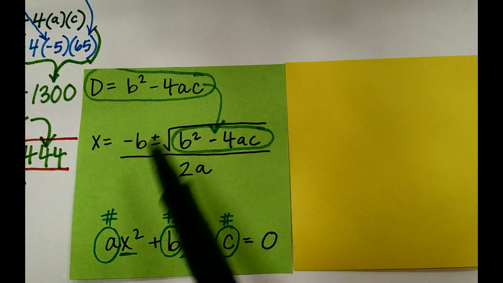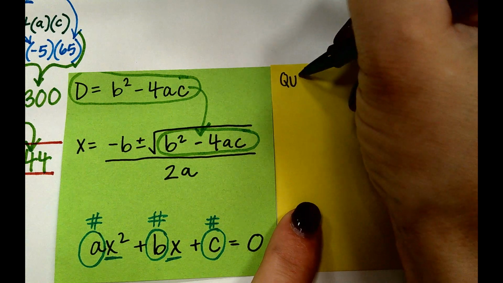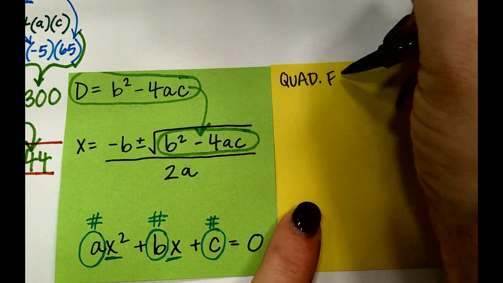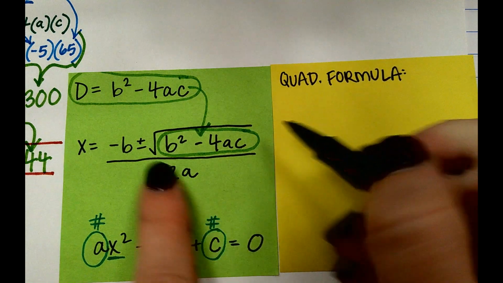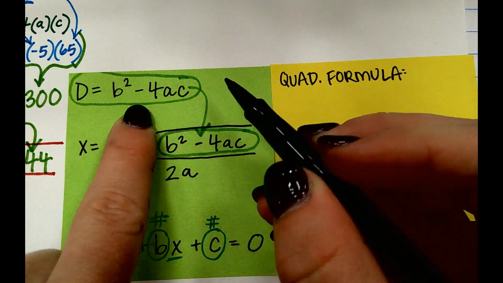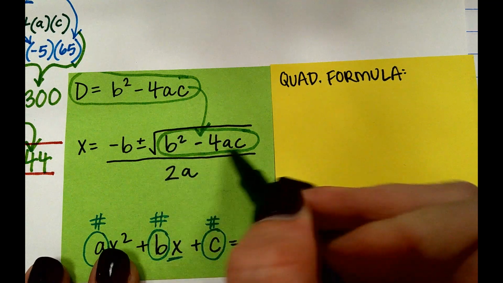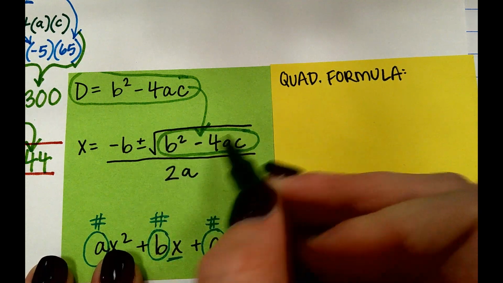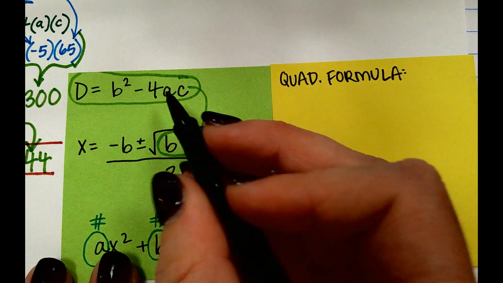As long as you have it written on a piece of paper, you're okay. This is the discriminant, b squared minus 4ac. Notice that in the quadratic formula, under the square root, we have b squared minus 4ac. It's the same. Do we see that?